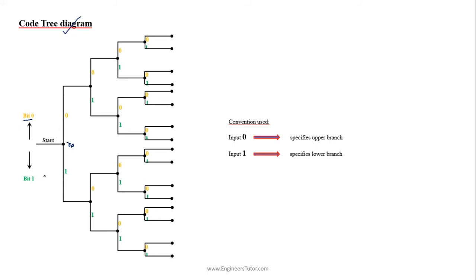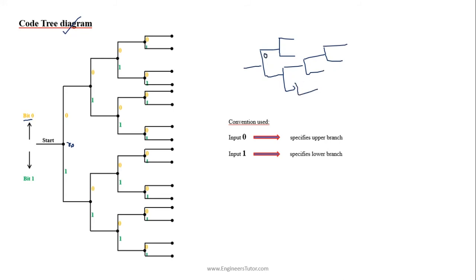If the incoming bit is 1, the tree grows downwards. So from the starting point we can draw the branches of the tree in this fashion. We can extend the branches of the tree in this fashion.